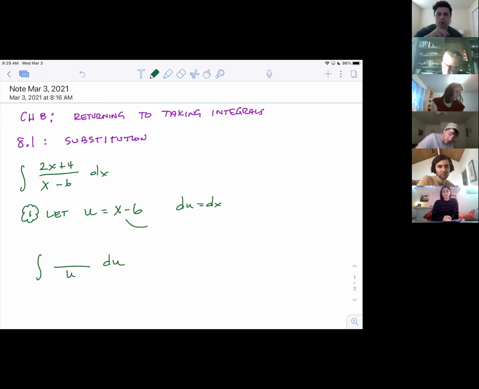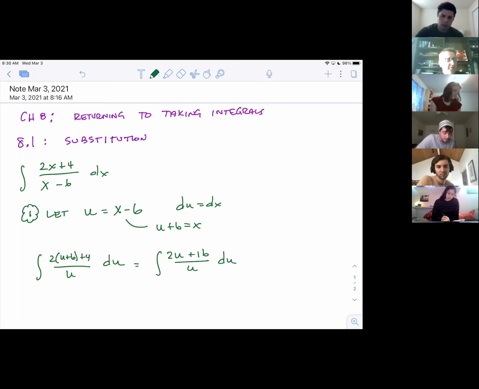In other words, I can add 6 to both sides, and so x is u plus 6, so then I can just replace x with u plus 6. And so that's much nicer now. So you say, okay, that's easy. That's 2u plus 12 plus 4, so that's 2u plus 16 over the top of u.